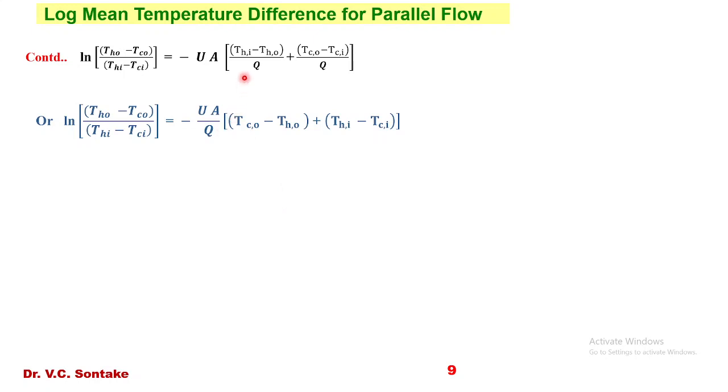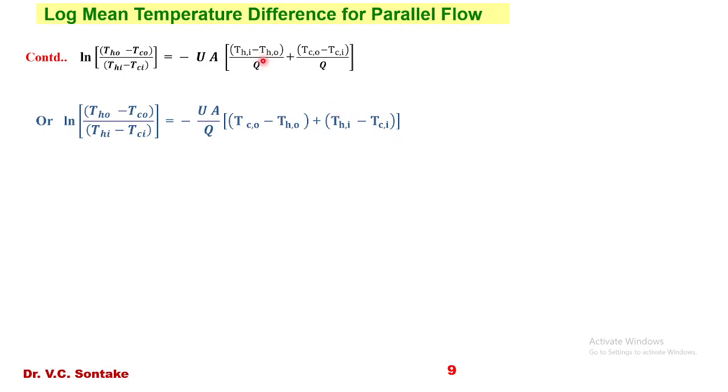I can further rearrange this. Log of THO minus TCO over THI minus TCI is equal to, taking Q out of the bracket, minus U into A over Q into TCO minus THO plus THI minus TCI.